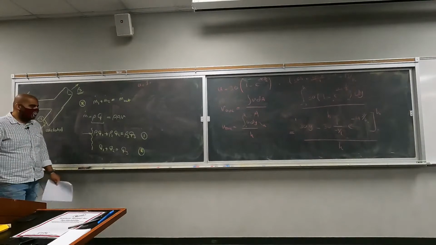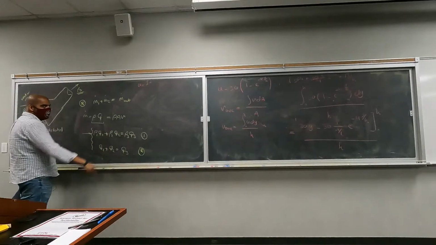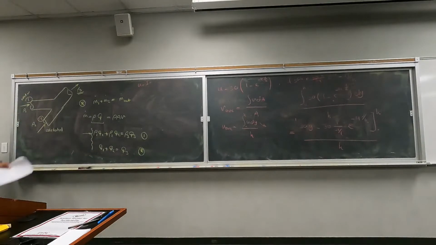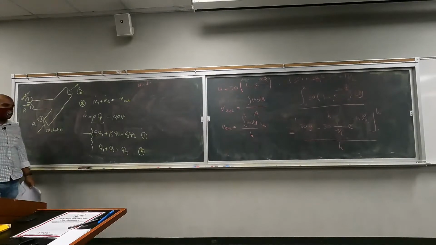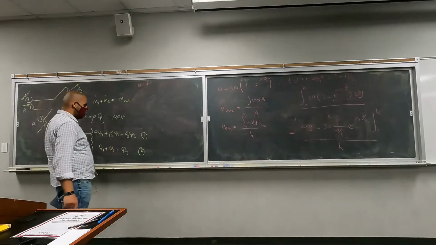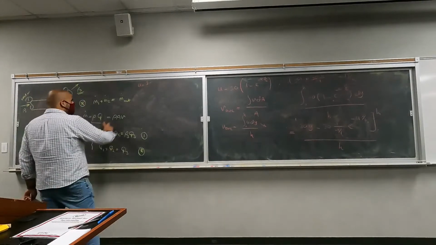Okay? If in these pipes we only had water, we could have canceled all of the rhos, right? Because incompressible flow, and then we could have concluded this. But since we have a mixture, we cannot just cancel all of the rhos. We actually want to find rho 3 as a function of Q's and densities.